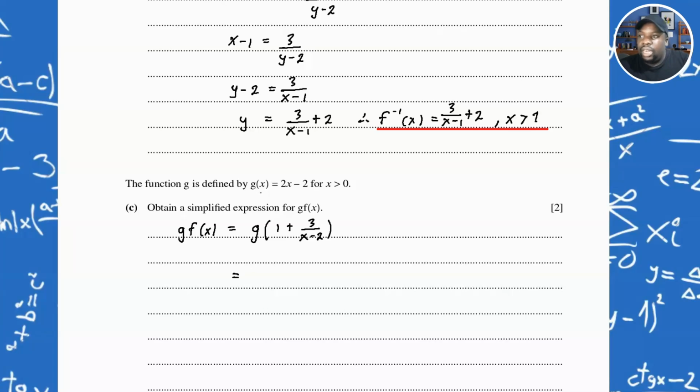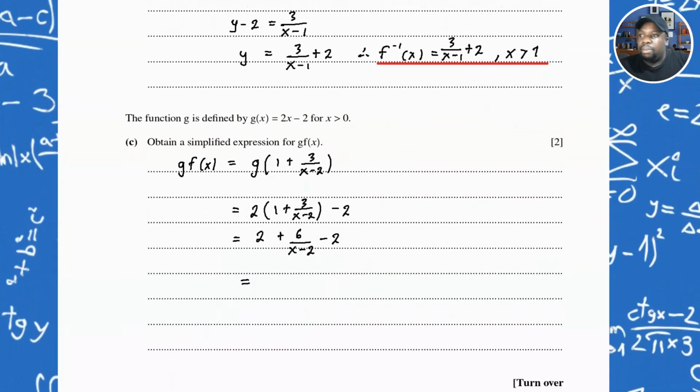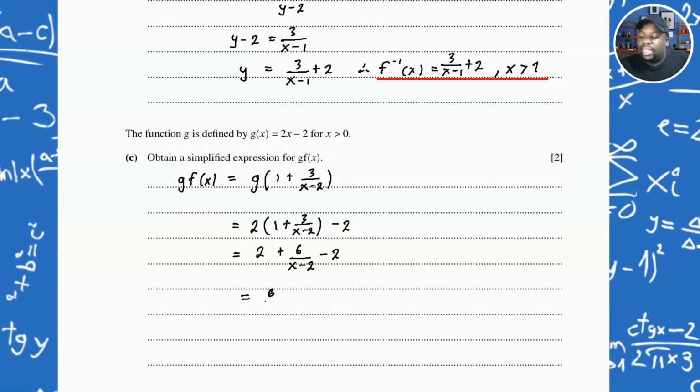Now the function g has its inputs, like x, coming out as 2x minus 2. So this should be as good as 2 of 1 plus 3 over x minus 2, minus 2. All right, so multiplying 2 into the bracket, we get 2 plus 6 over x minus 2 minus 2, which then gives us the final result being 6 over x minus 2.